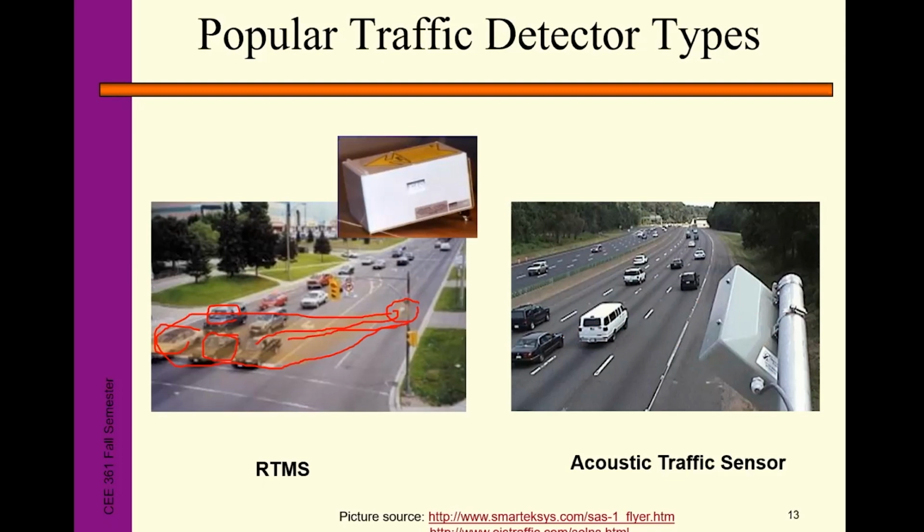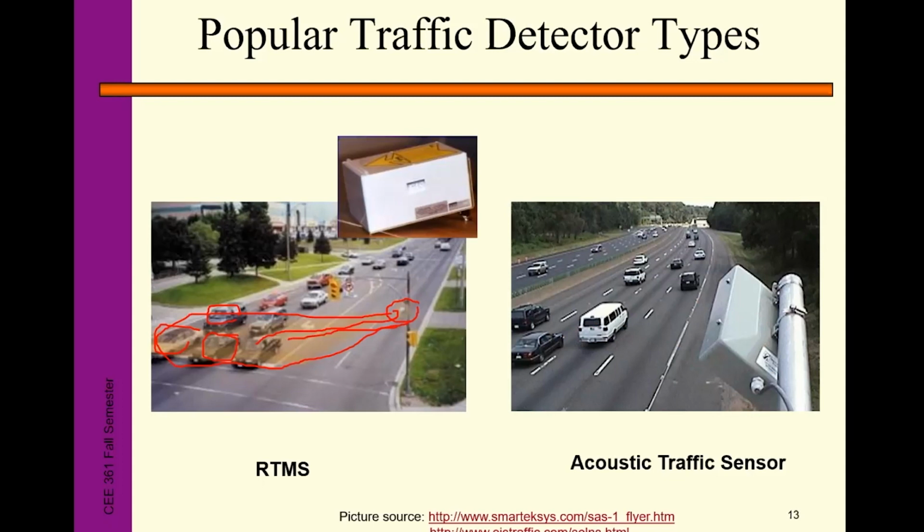With a regular camera, for example in nighttime conditions, there's no sufficient lighting support, so you may not detect the vehicle very well.